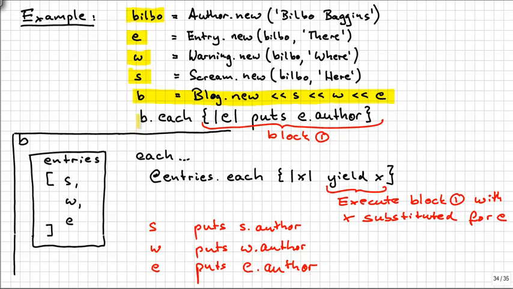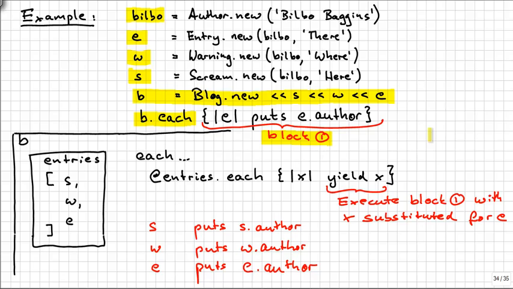And then we use the each method we have just defined for the blog class and supply to it a code block which for each entry is supposed to print out its author. And we'll call this the code block 1.